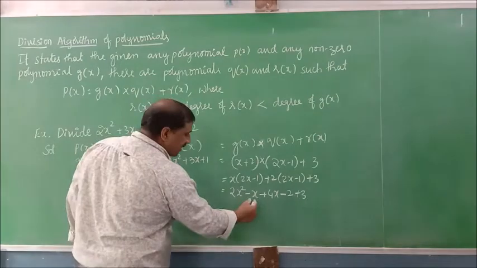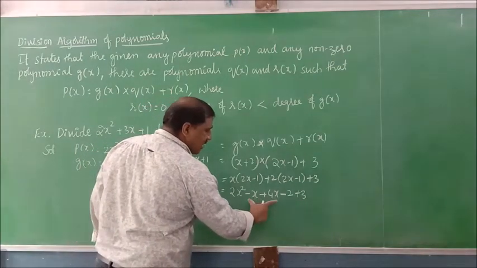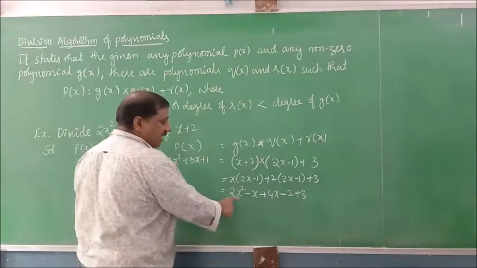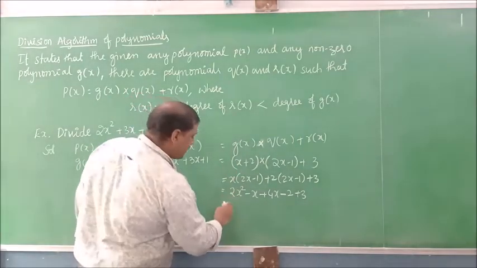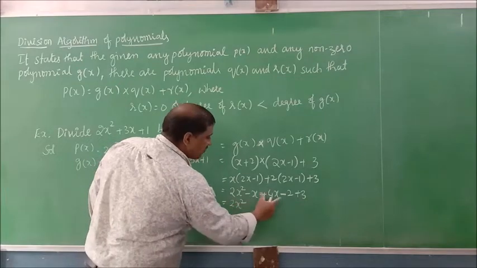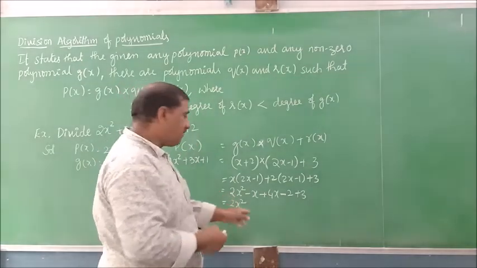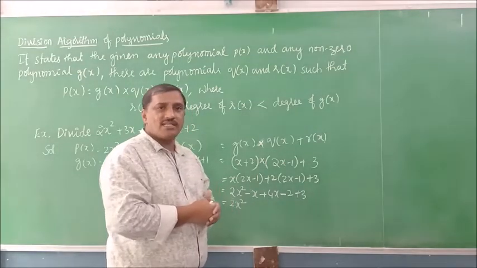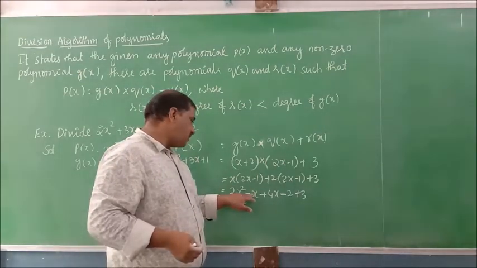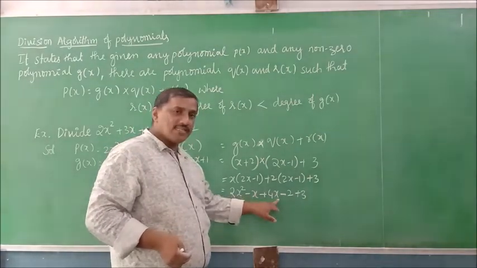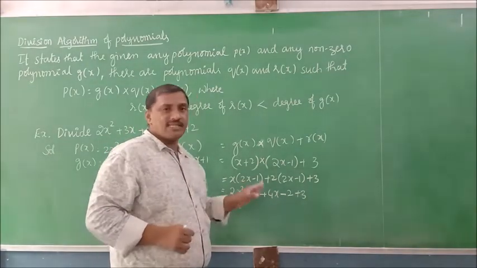So here minus x and plus 4x are like terms, and minus 2 plus 3 are like terms, but the x square term is only one term, so write that term: 2x square minus x plus 4x. How to simplify this? They are like terms, so just subtract the coefficients. The x coefficient is minus 1, and here it is plus 4.